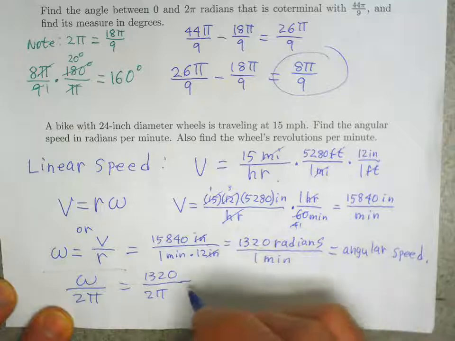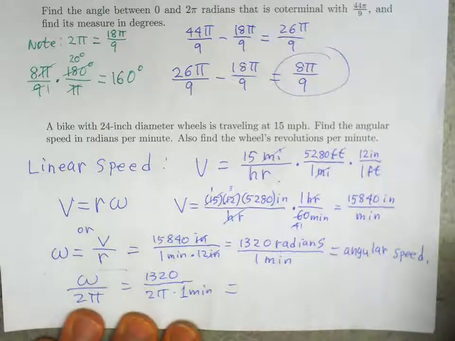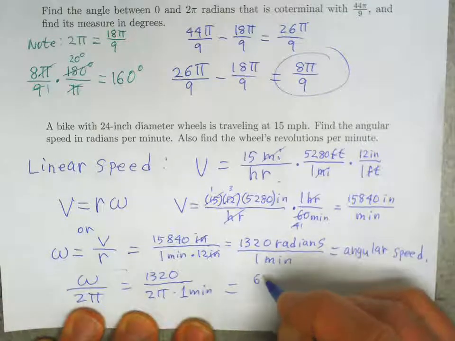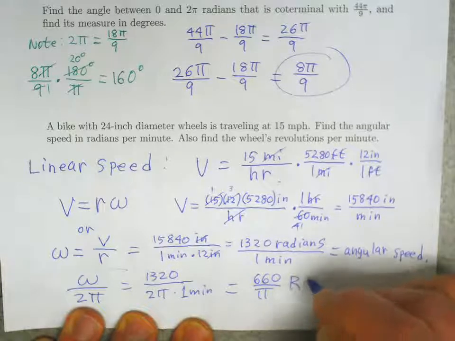This is going to be per minute. So this is just going to come out to be 660 over pi revolutions per minute.